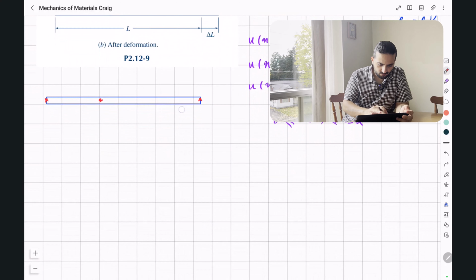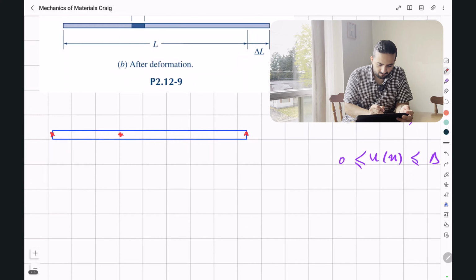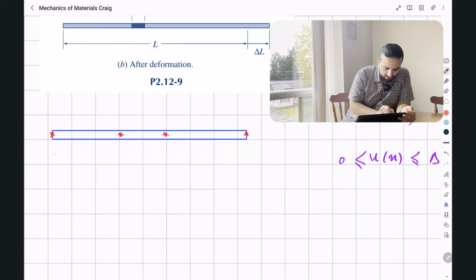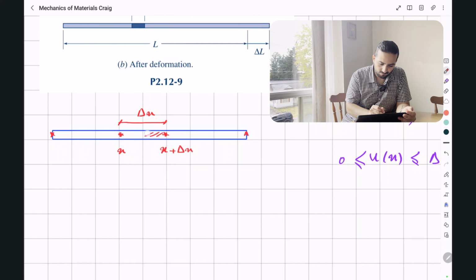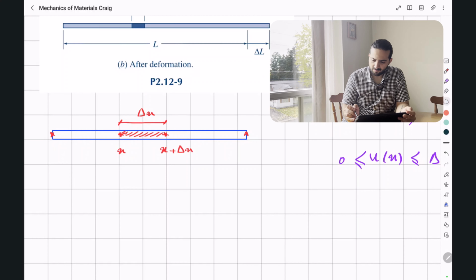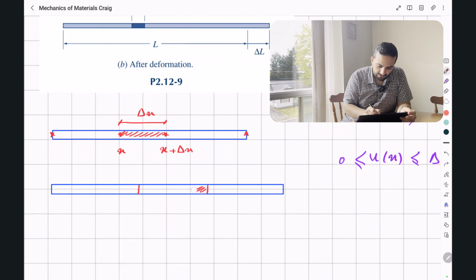And now let's assume at the beginning of our deformation test, we had selected another point. So this is at the distance x. This is at the distance x plus delta x. And the length of this piece is going to be delta x. After deformation, the length of our element will increase.